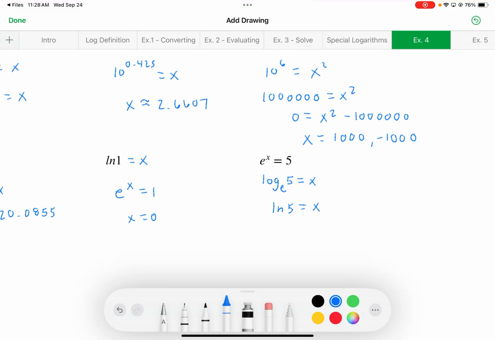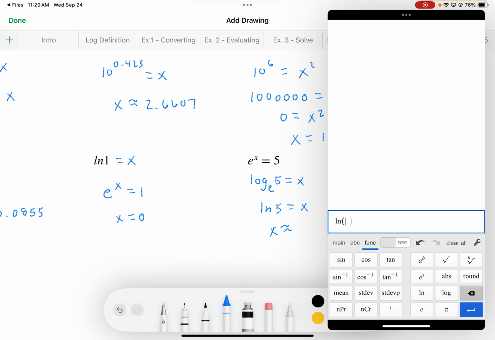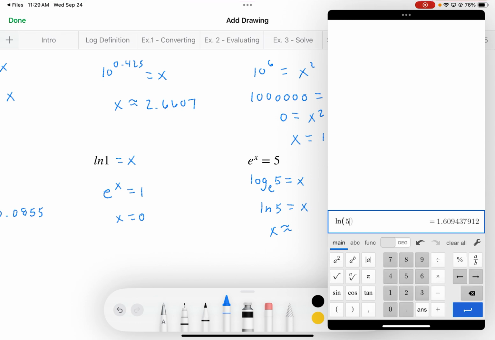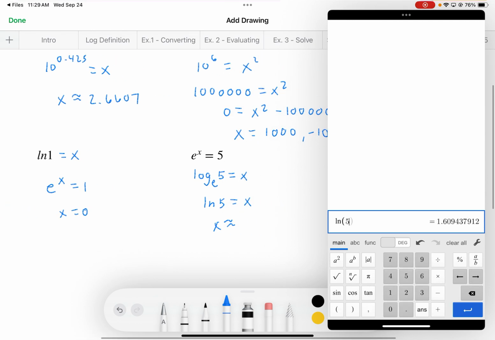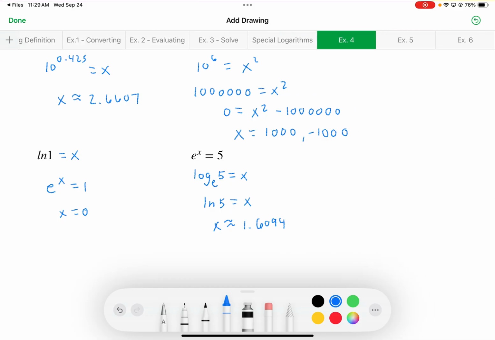Our calculators are programmed for natural logs and common logs of base 10. Okay, so we should be able to just punch this in. Just find the LN button of your calculator. You're getting 1.6094, hopefully.